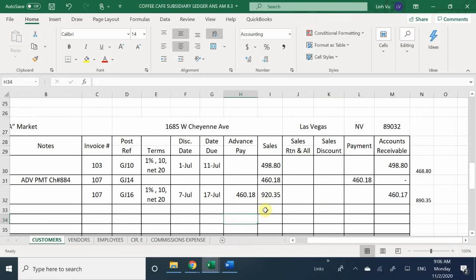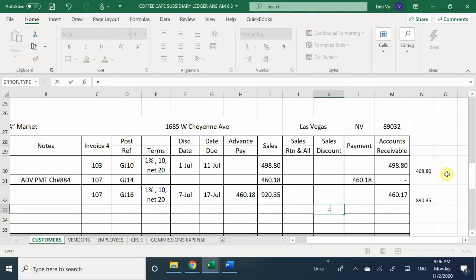Okay. So now that we've come back here, our total sales discount is going to be for both invoices. All right, so we calculated that the first one's going to be $4.69 plus my $8.90. So what's my total discount going to be? $13.59.